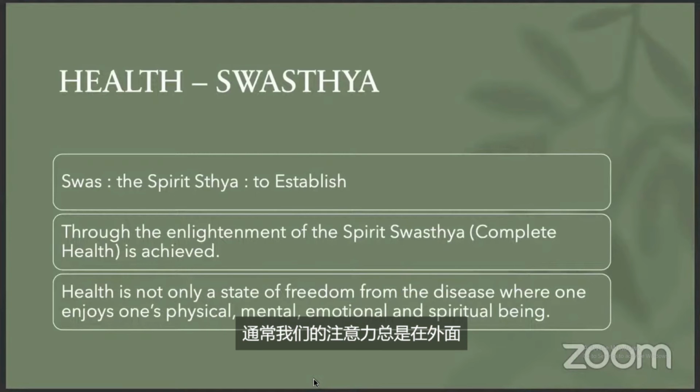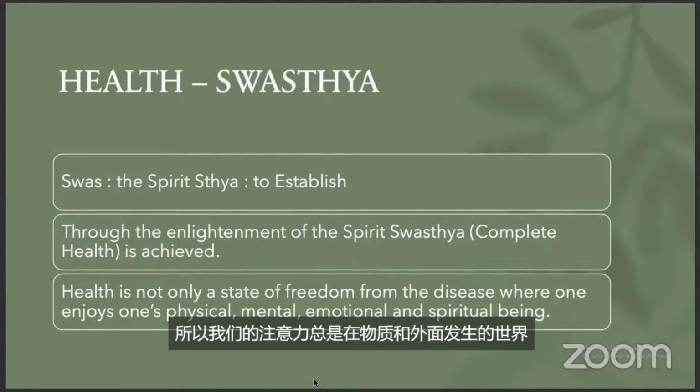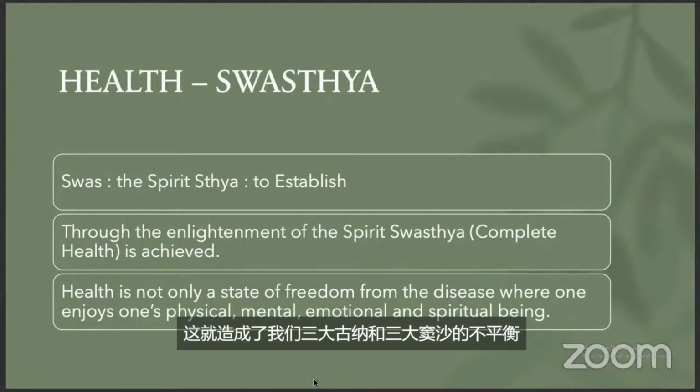But after realization, we can really understand that usually our attention is always outside. Through our eyes, we can see outside. We don't see inside what is going on. So our attention is always on matter and materialism and what is going on outside. And that creates imbalances in our sattva, raja, and tamo guna, in our vata, pitta, and kapha dosha.